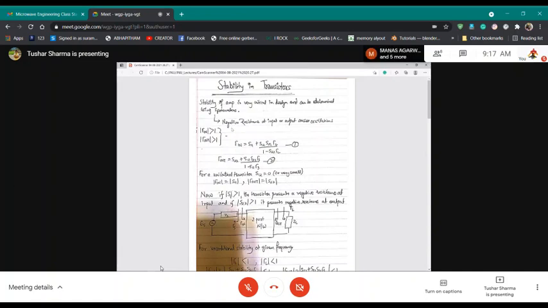Always remember one thing: a good RF engineer is the one who can design an amplifier which does not oscillate and an oscillator which does not amplify. Now if you are using a transistor to design an amplifier, you might see oscillation.